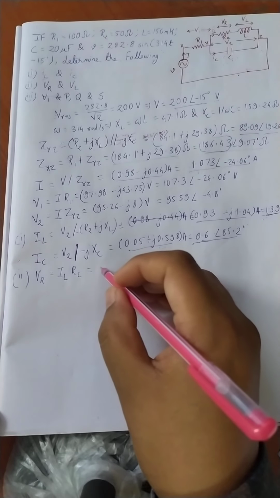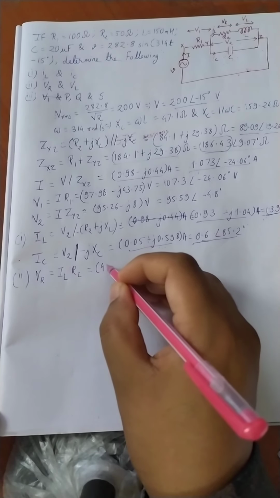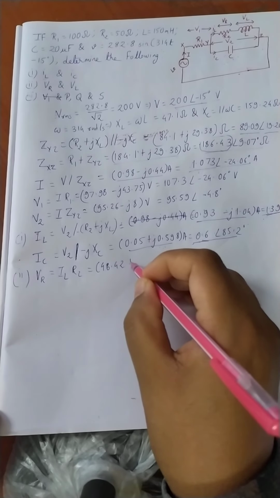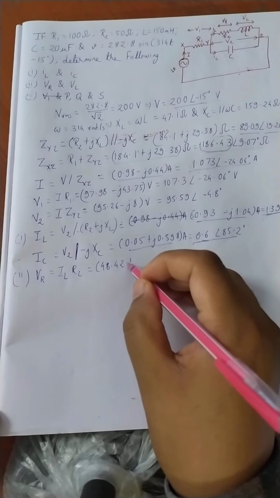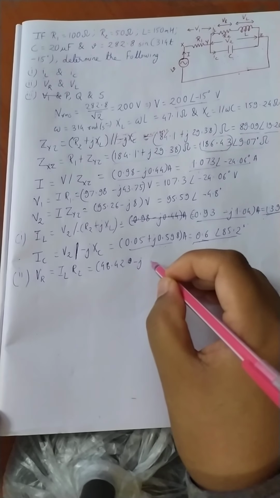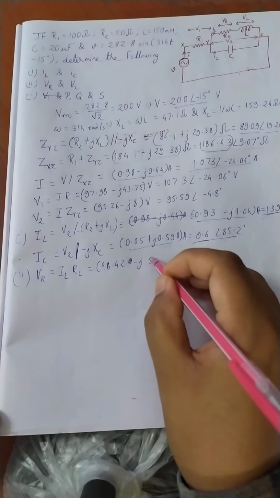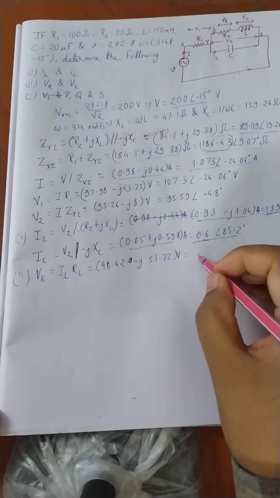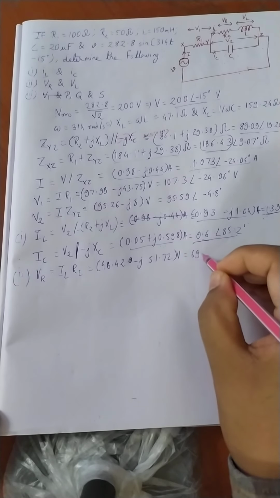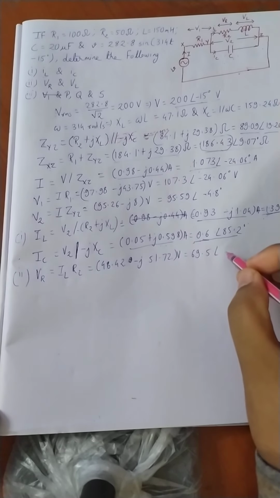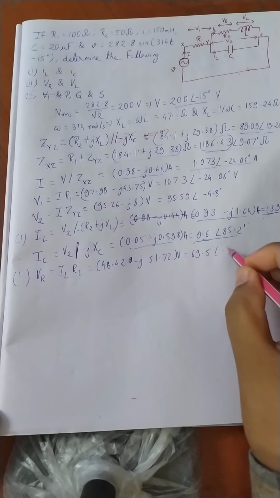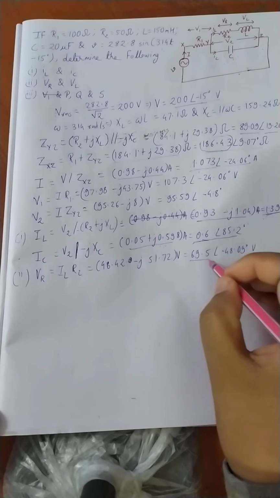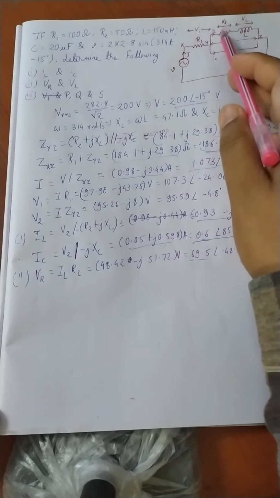Solving that, we are getting 46.42 minus j 51.72 volt. In polar form, it is going to be 69.5 angle minus 48.09 degree volt. So this is the RMS value of V_R.